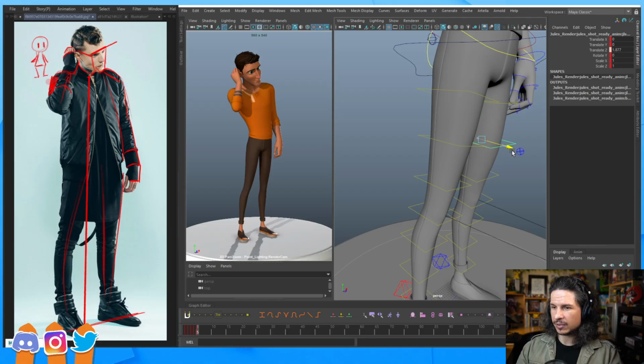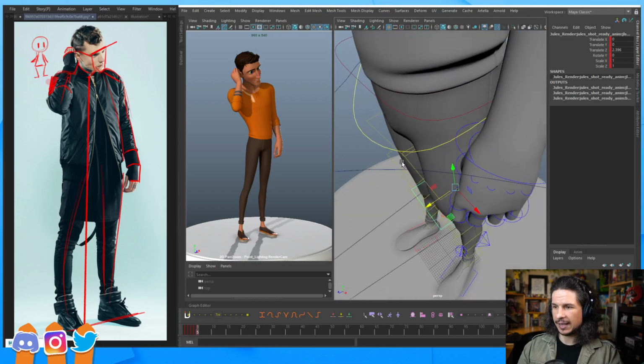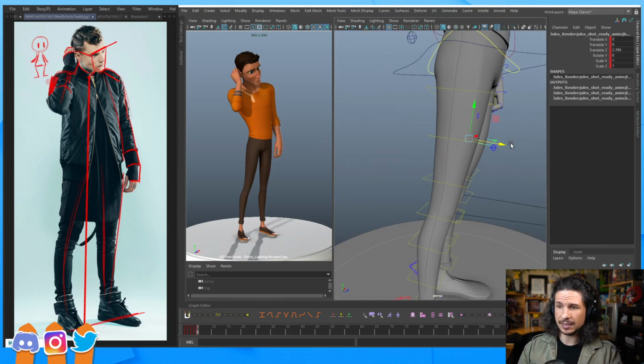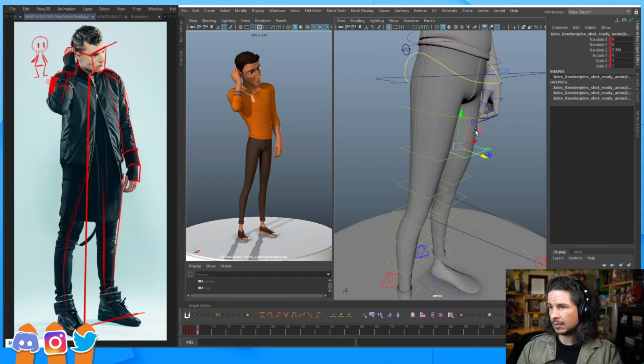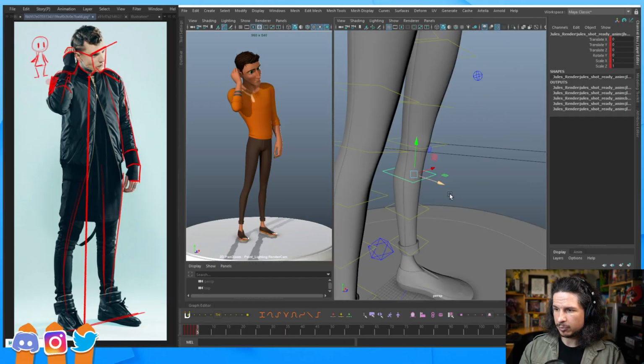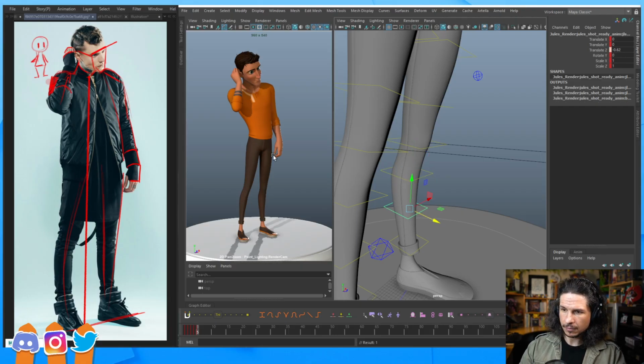Now this is where you don't really have to worry too much about how it looks in all angles. The bend bows are going to start distorting things. But I can bring out this leg so we get a little bit more musculature in that upper thigh. And then let's push this back so we get a little bit more definition in that calf muscle right there. It's very slight, but it's there.